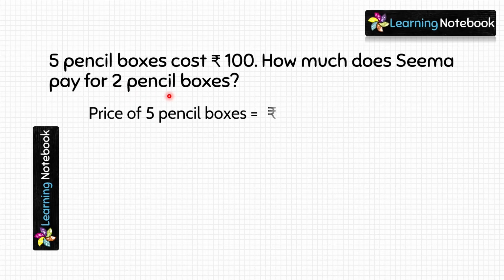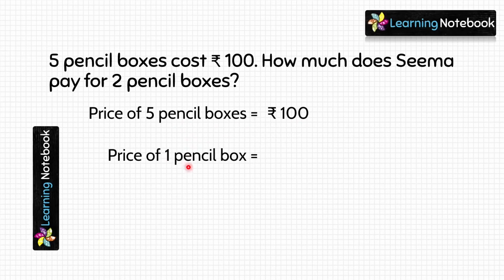We are given the price of 5 pencil boxes equals rupees 100. So first we will calculate the price of 1 pencil box. Price of 1 pencil box would be equal to rupees 100 divided by 5, which equals rupees 20. So now we have calculated the price of one pencil box as rupees 20.